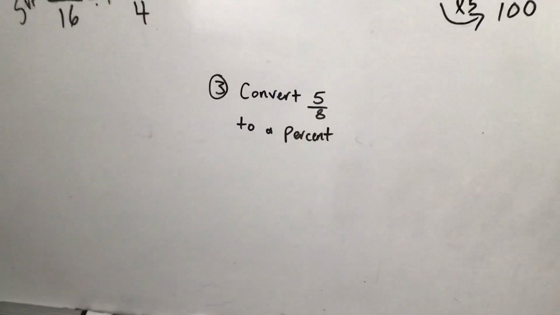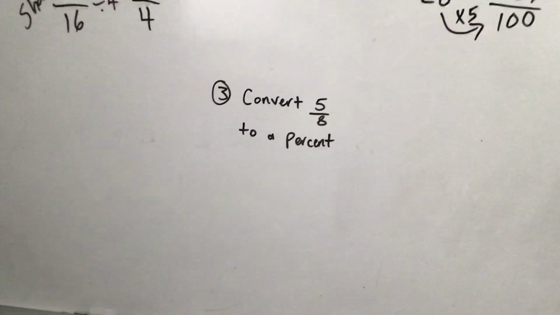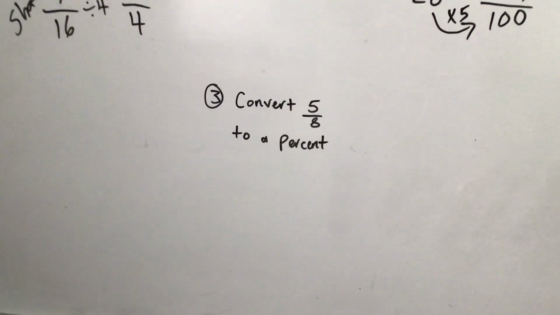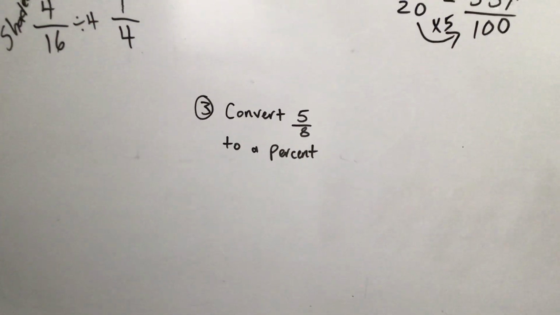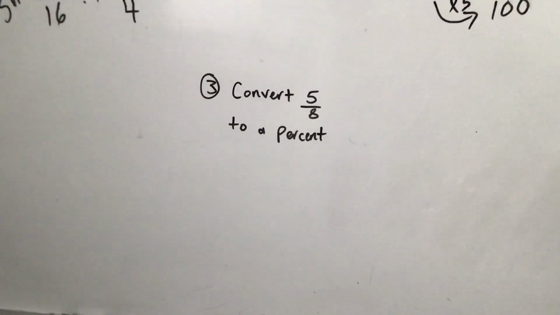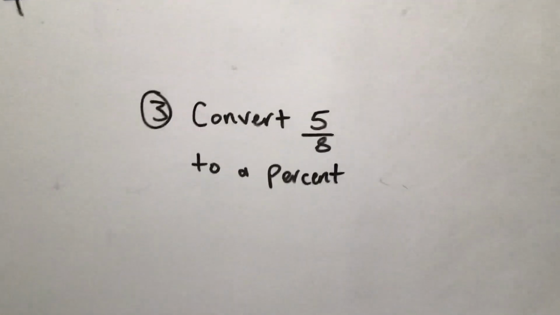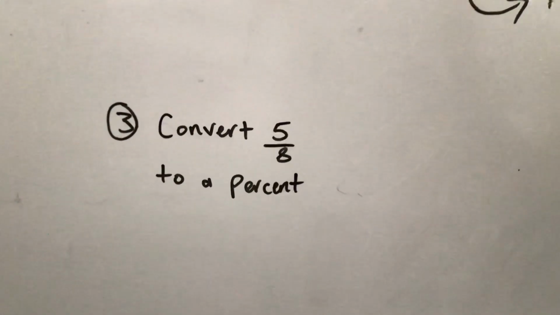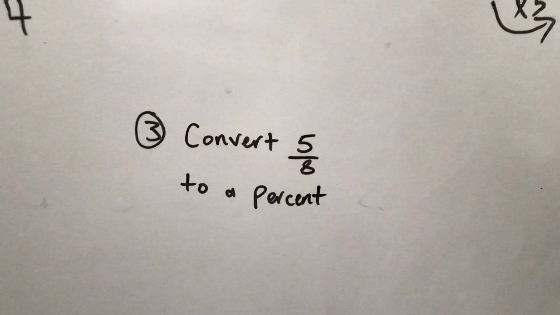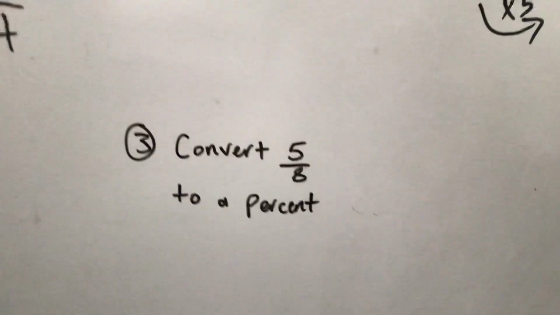And last but not least, number 3, convert 5/8 to a percent. Now, on question number 1, I said simplify the fraction before you divide. Well, yes, sometimes you cannot simplify the fractions anymore, and this is the case of 5/8. Now, we do know that 5/8 is more than 50%.